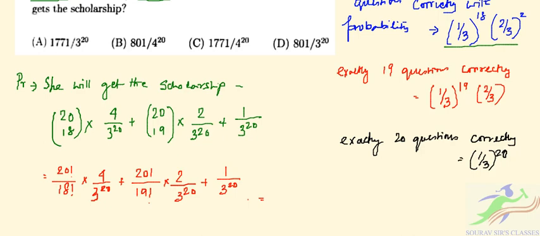So 20 and 19 will just cancel out. So for 18 factorial, we can write 20 in this manner. This will be just simply 20 into 19 and the remaining will cancel out.